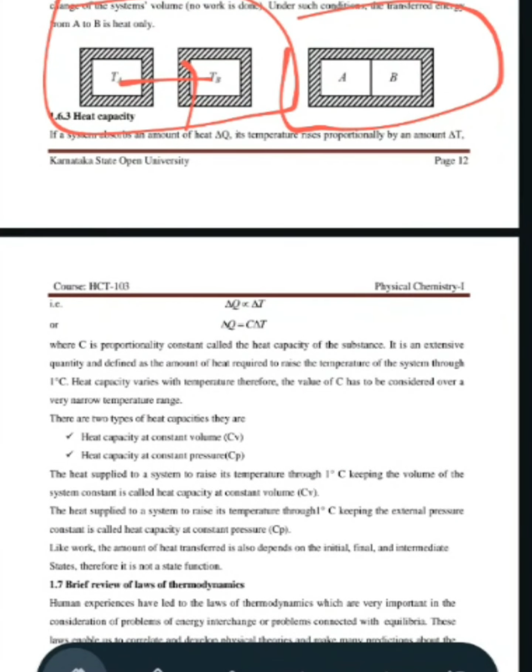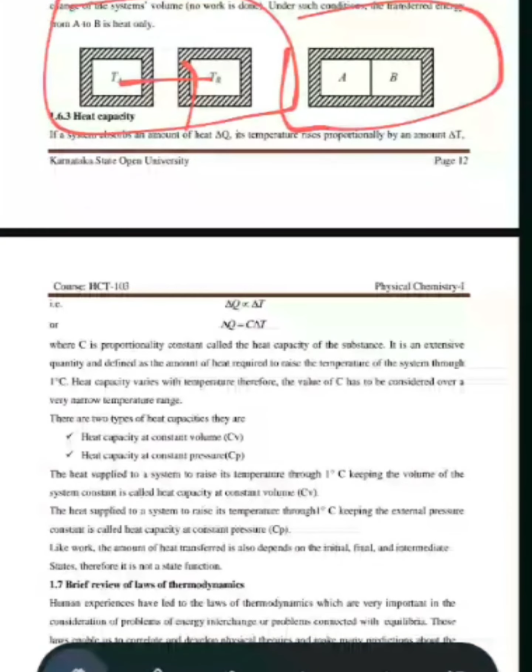So next is the heat capacity. It is the amount of heat the system absorbed or liberated, whatever heat is liberated can be absorbed by the system, and that is known as heat capacity, denoted as delta Q. Delta Q is proportional to delta T; when the temperature increases, the heat capacity also increases.